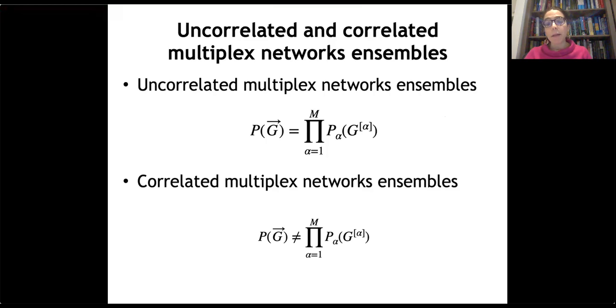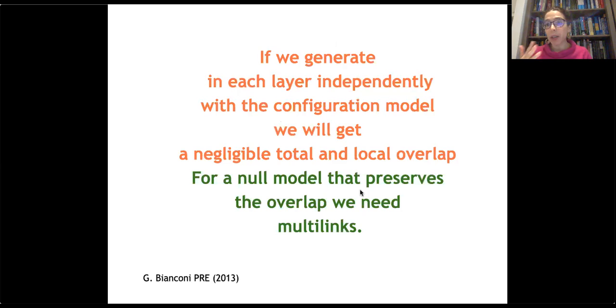A more interesting approach is to consider a correlated multiplex network ensemble, in which the layers are not drawn independently. Indeed, if we just use the uncorrelated approach with a sparse network in each layer, we will get a negligible link overlap, while link overlap is a feature occurring very often in a lot of data, not just this airport network data, but a lot of social network data.